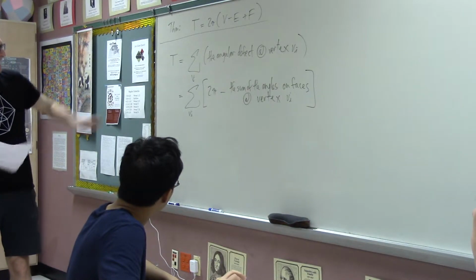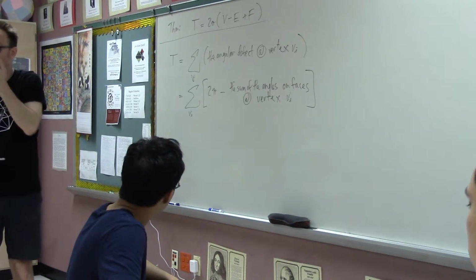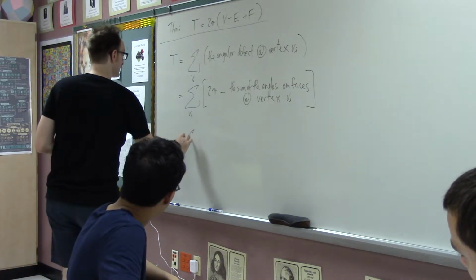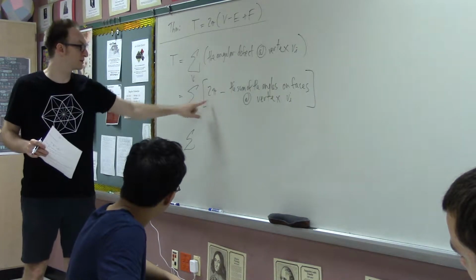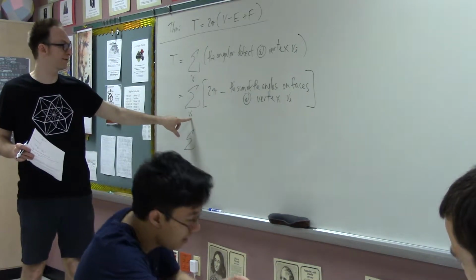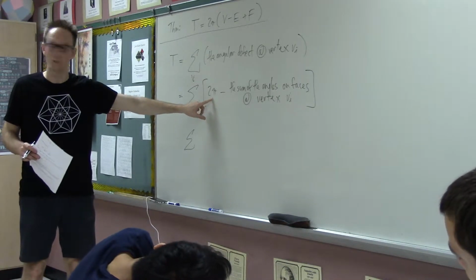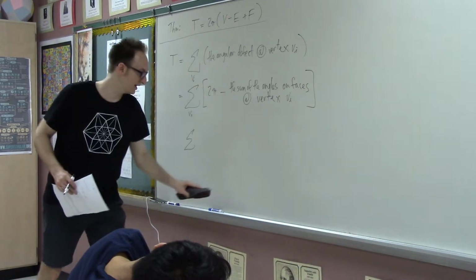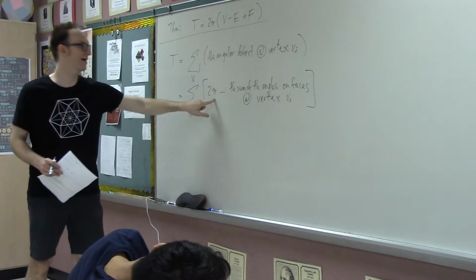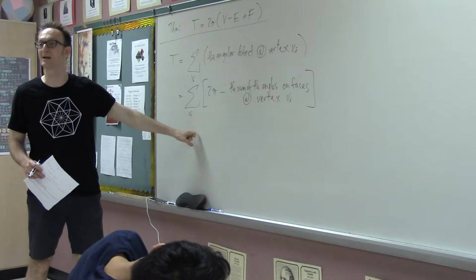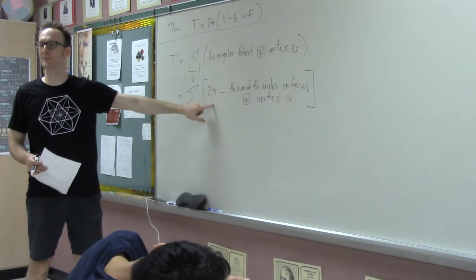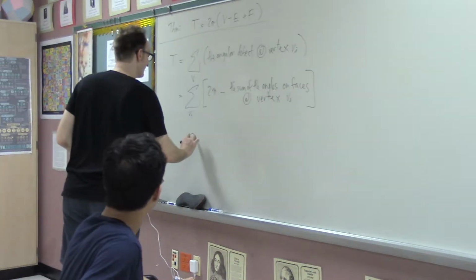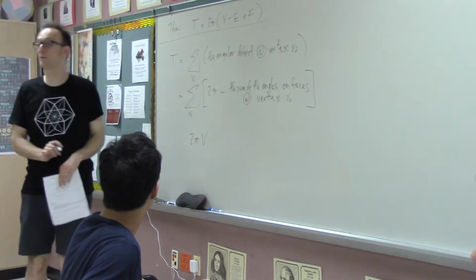Okay, now I'll split up this sum by dividing through. So this is saying add up, through all the vertices, 2 pi every single time. If I add 2 pi for every single vertex, then what do I get? 2 pi plus 2 pi plus 2 pi, and I keep adding 2 pi every time there's a vertex. So I end up with 2 pi V, where V is the number of vertices.